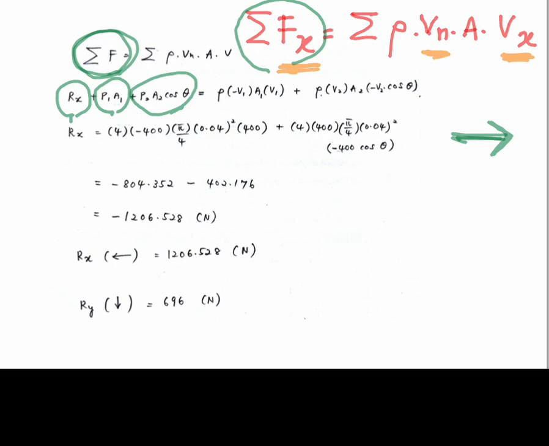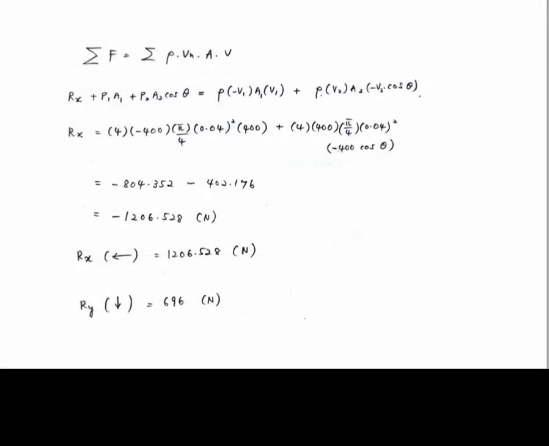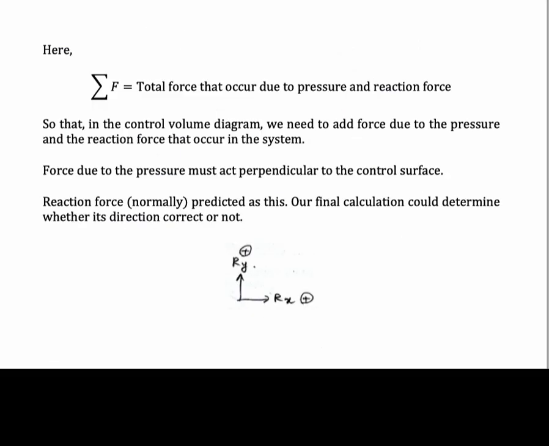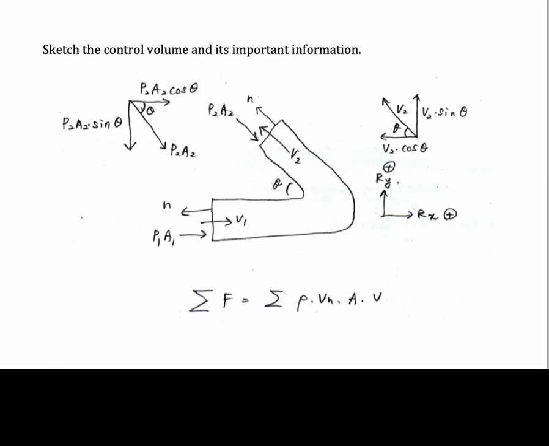So and then we go for the sigma rho Vn A Vx. What you need to do is identify how many surfaces you have in your system, because you need to analyze each surface in your system. So if you see the free body diagram that we have, we only have two surfaces.